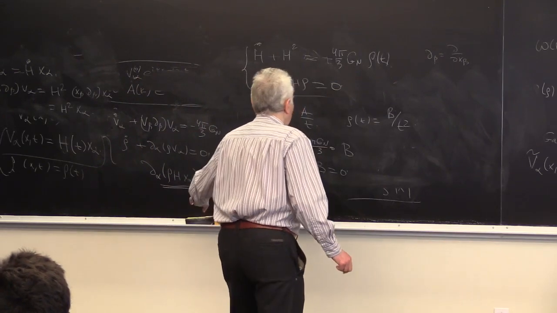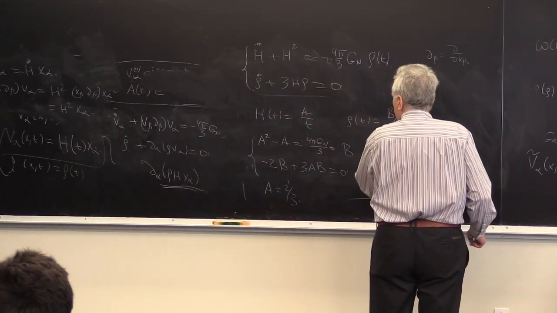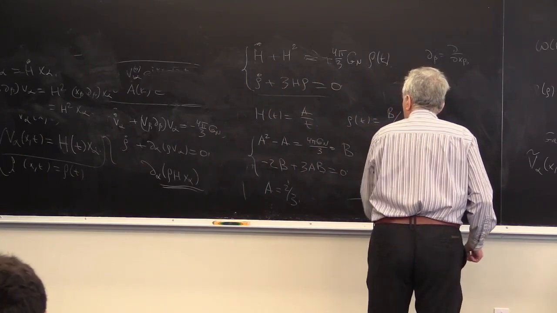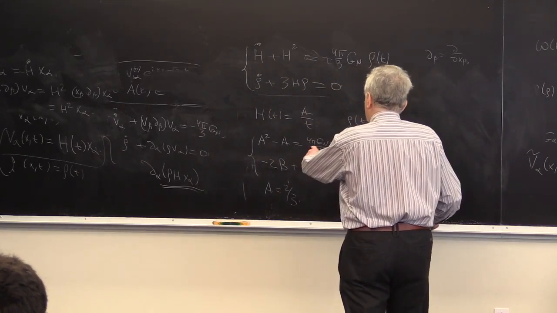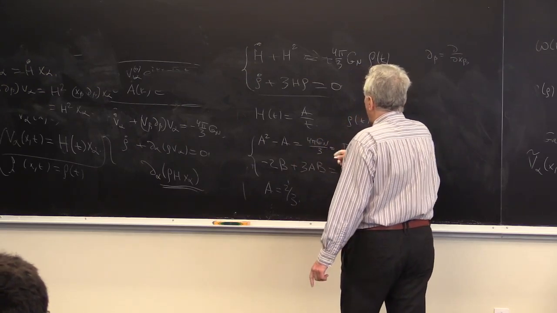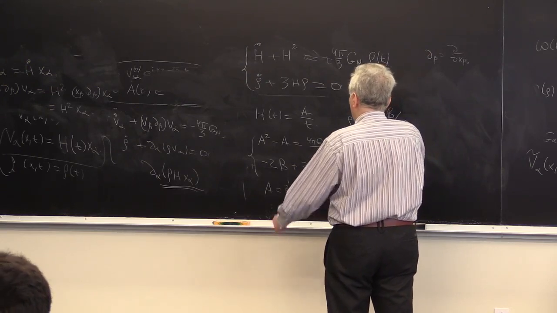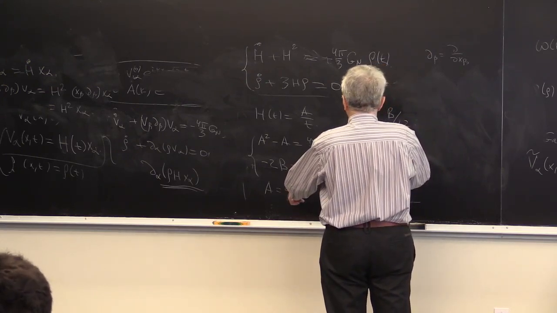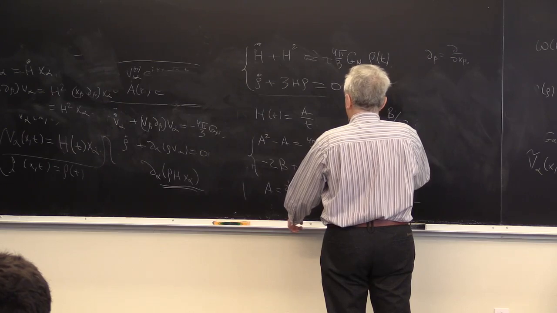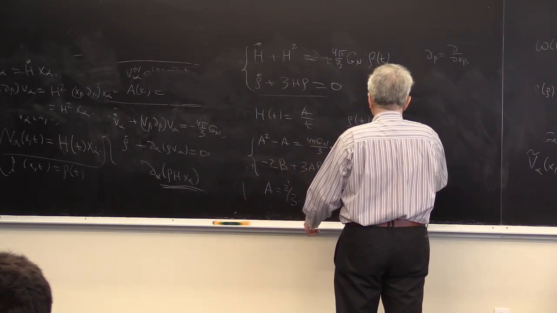And you'll find that b, well, if it's 2/3, you get 4/9 minus 2/3 minus 6/9.